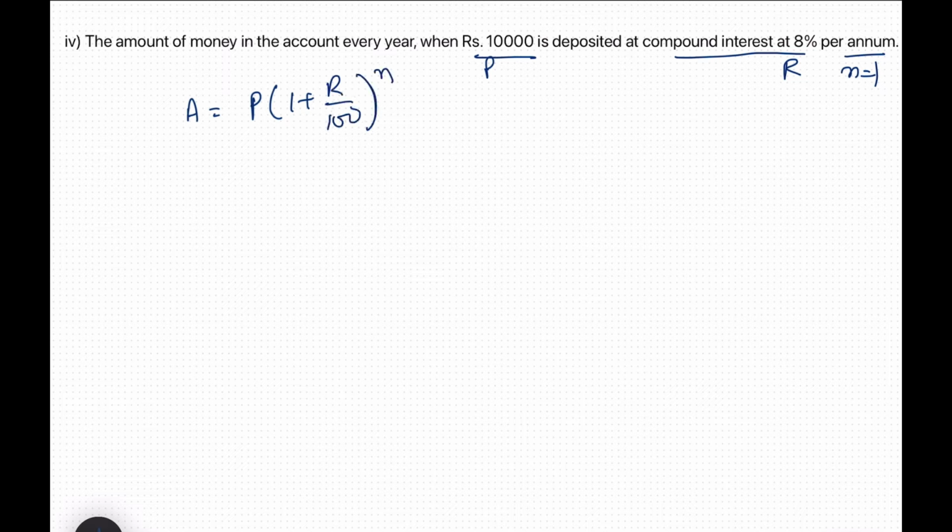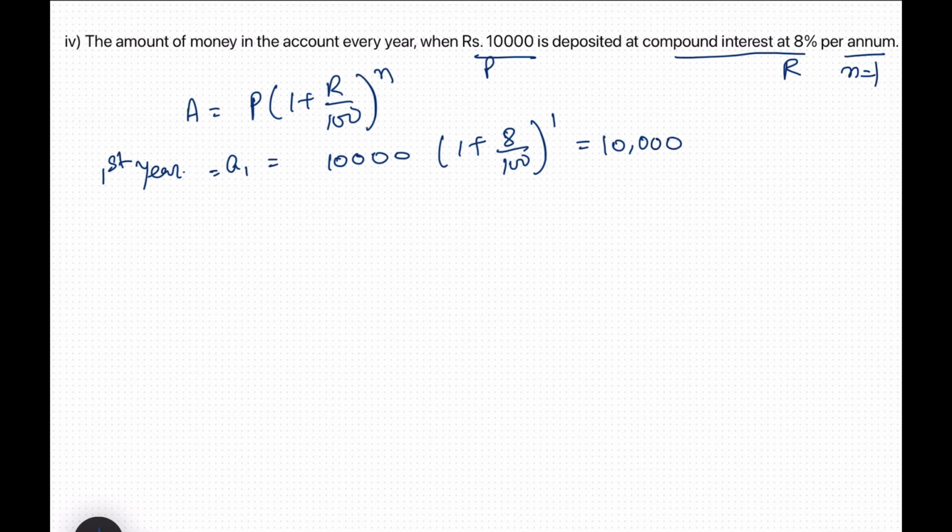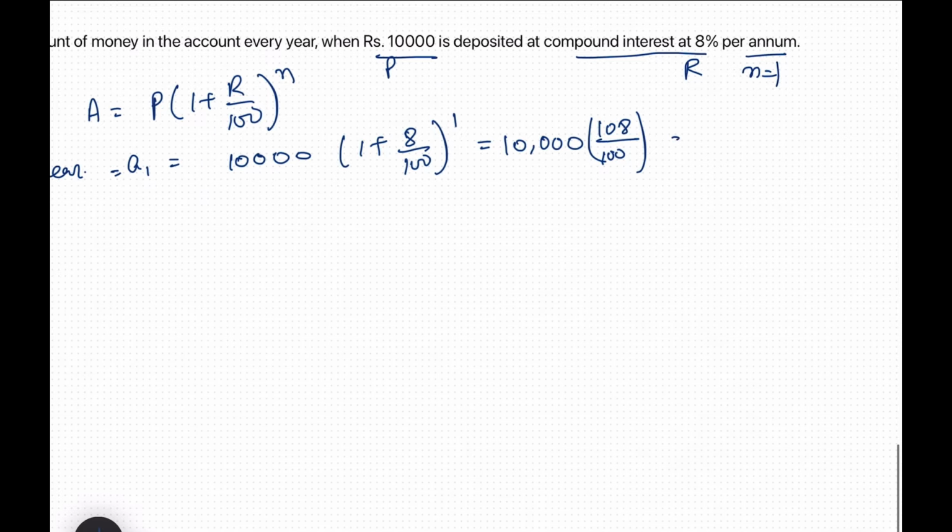Okay. So for the first year, we can find A1, that is 10,000 into 1 plus 8 divided by 100 to the power 1, right? We can take an LCM. So 10,000 into 108 divided by 100, right? So we can write 10,000 into 1.08 to the power 1 basically, right?